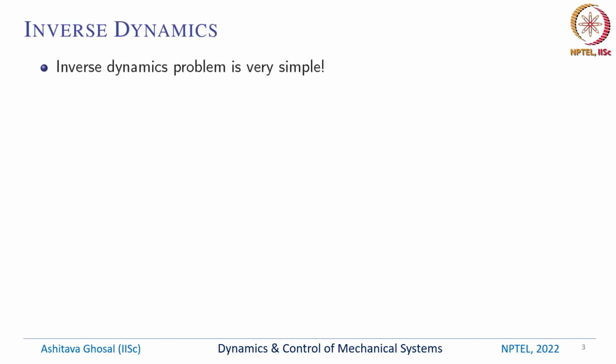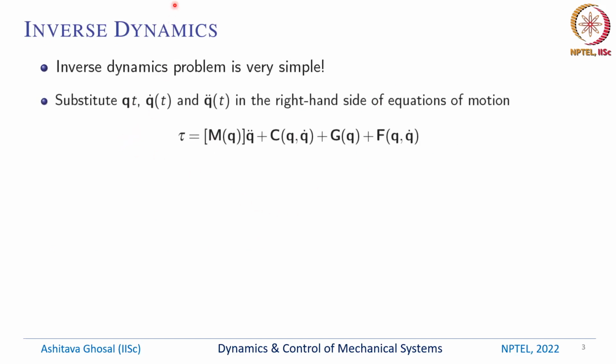The inverse dynamics problem in multibody systems is relatively simple. All we need to do to solve it is to take this q of t, q dot of t and q double dot of t in the right hand side of the equations of motion.